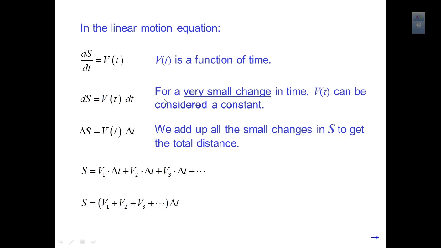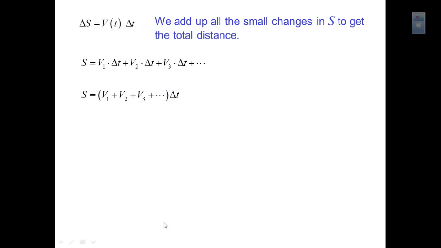All right, so for a very small change in time, v of t can be considered a constant. The velocity is not going to change in a very small instant of time. If we add up all the small changes in s to get the total distance, that's what this is right here. So change in s is v of t delta t, and s, the whole position, is just all this. Well, the delta t, we're taking even terms so we can factor that out.